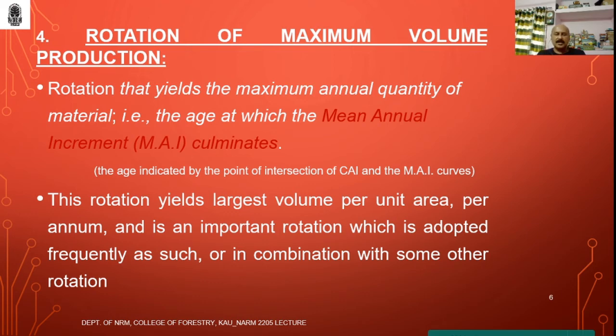When that intersection happens, we fix that age as the rotation age, because it is the age at which maximum volume production has been achieved for the forest stand. The advantage of this rotation is that it yields the largest volume per unit area per annum, and it is an important rotation which is adopted frequently, as such or in combination with some other rotation.